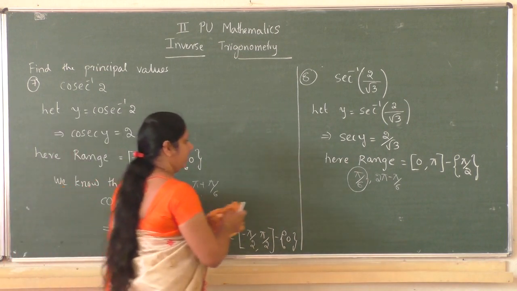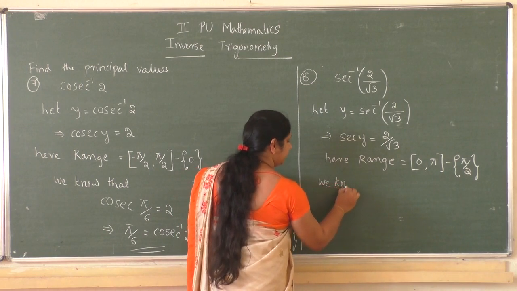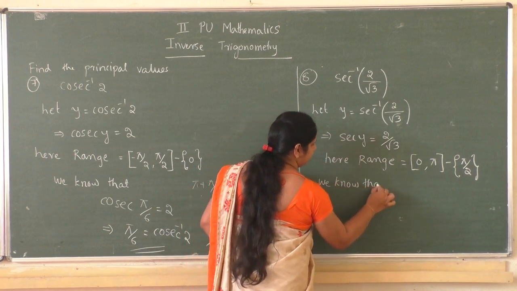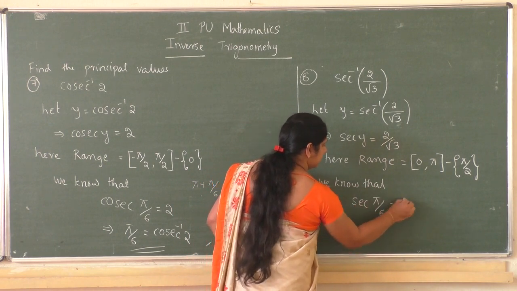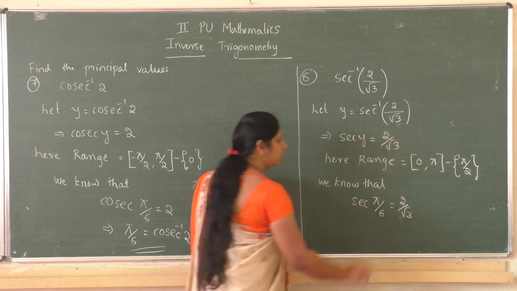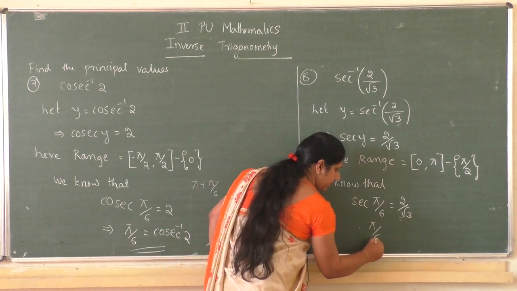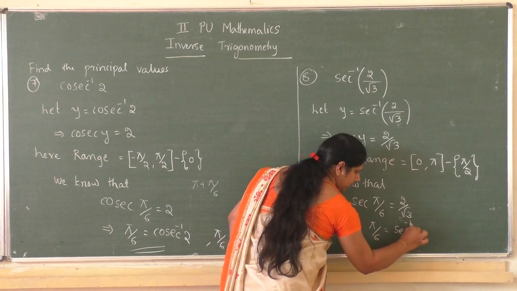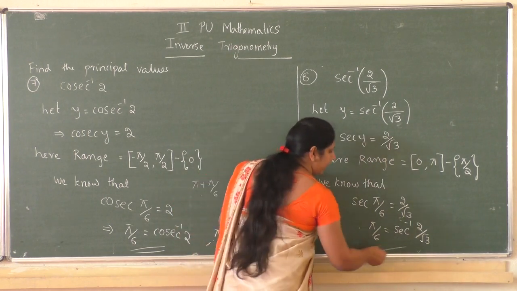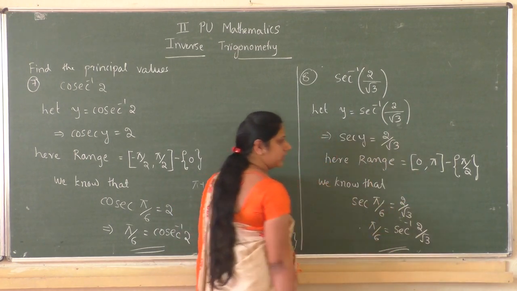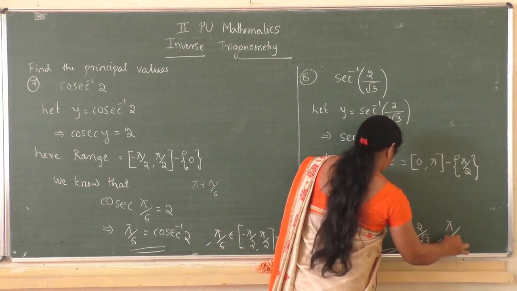So we know that sec pi by 6 equal to 2 by root 3. That implies pi by 6 will be sec inverse of 2 by root 3, where pi by 6 belongs to the range. Therefore, this is the principal value.